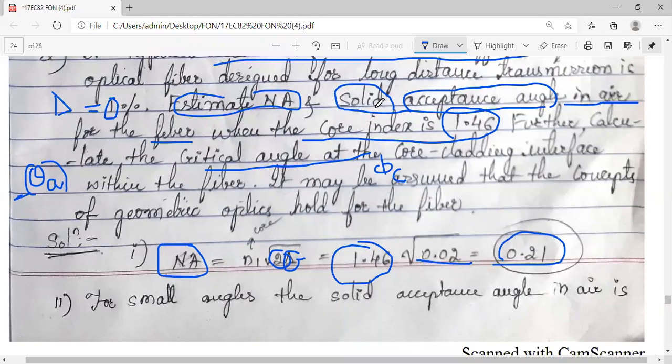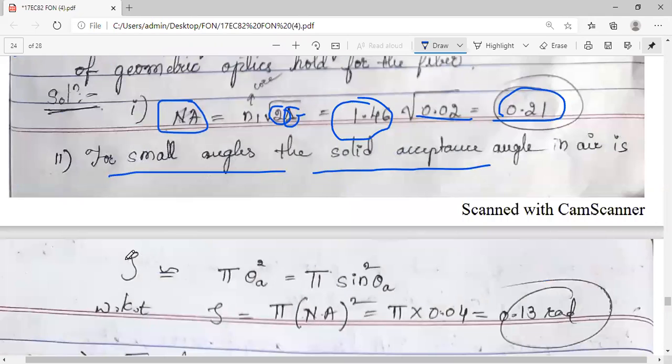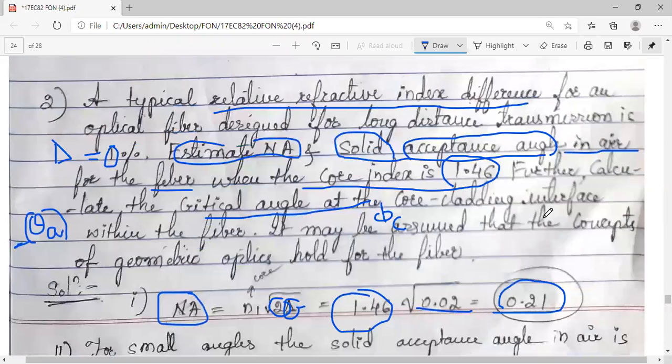Now, the second one, important thing: how to consider this solid acceptance angle. For small angles, the solid acceptance angle in the air, this is zeta, is given by pi into theta a square. So this is the formula. That's why in the question it is given.